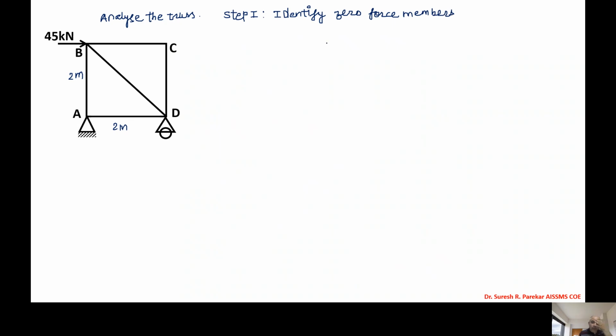Now here we have two criteria, and the following criteria are applicable for joints without reactions and loads.